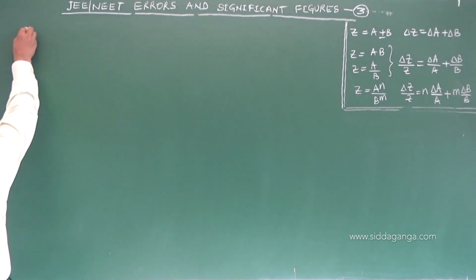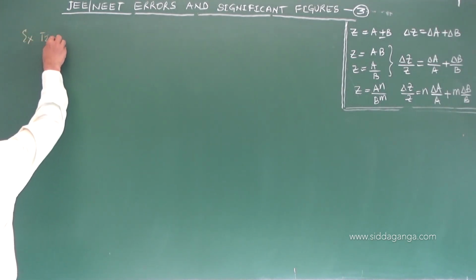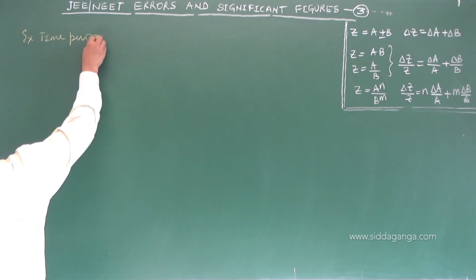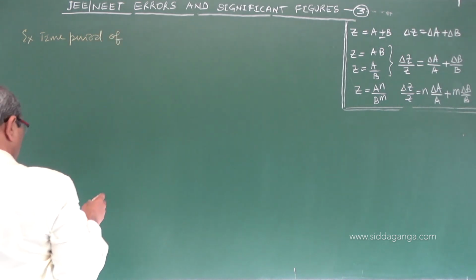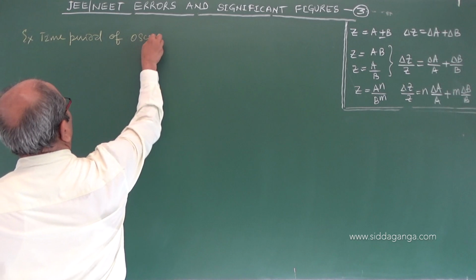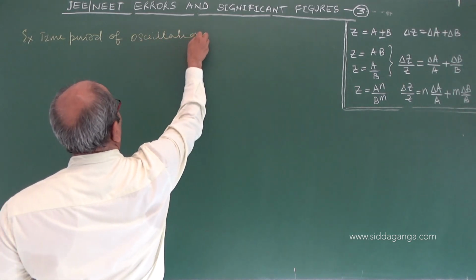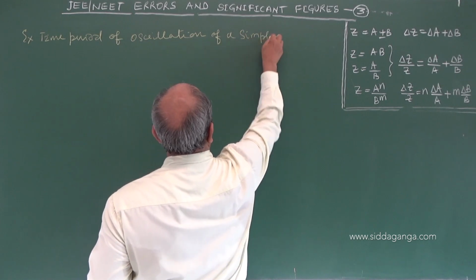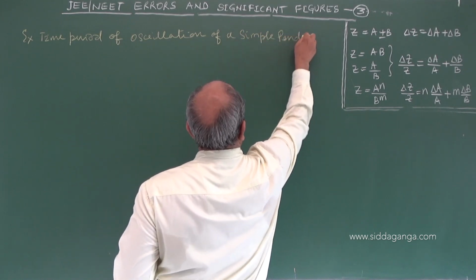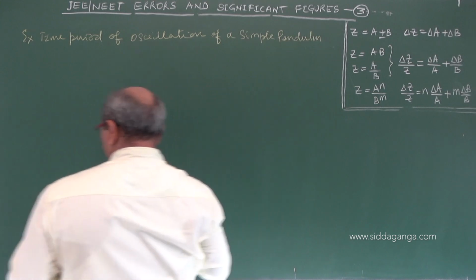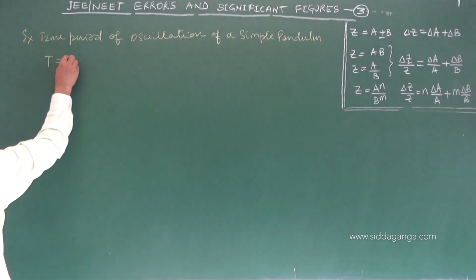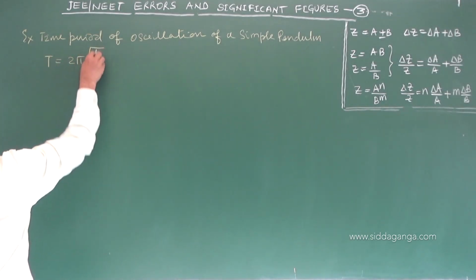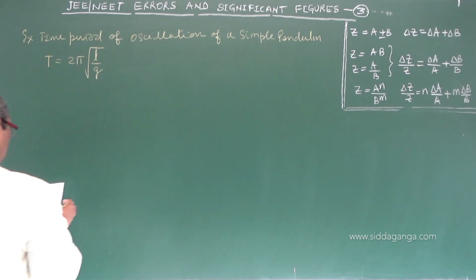So next example. The time period of oscillation of a simple pendulum, T equal to 2 pi root L by g.